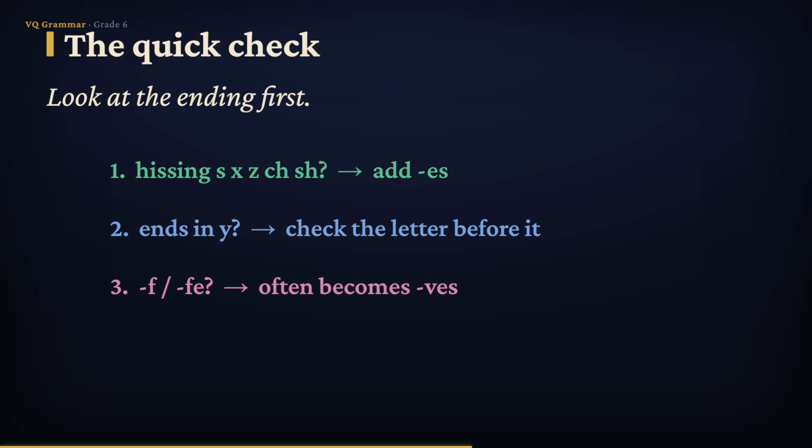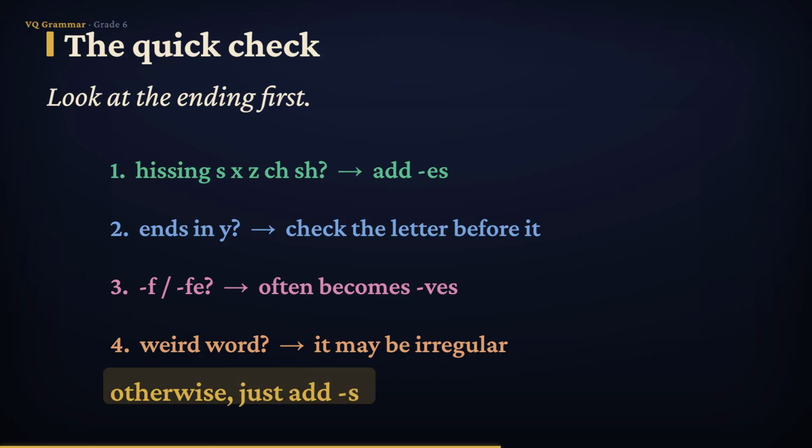Third, does it end in F or FE? It may switch to VES. And fourth, is it one of those tricky words like child or mouse? Then it might be irregular, so trust your memory. And if none of those apply, you just add an S.